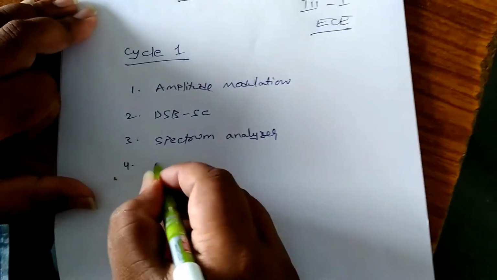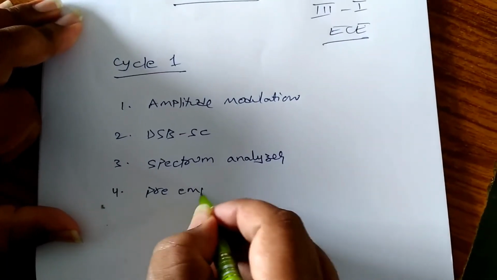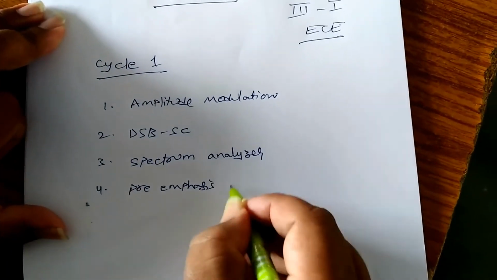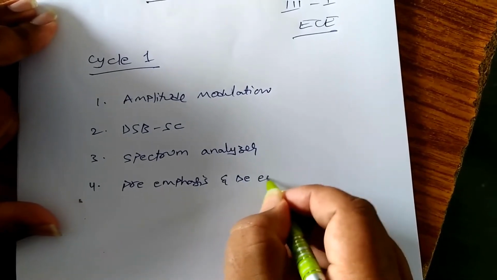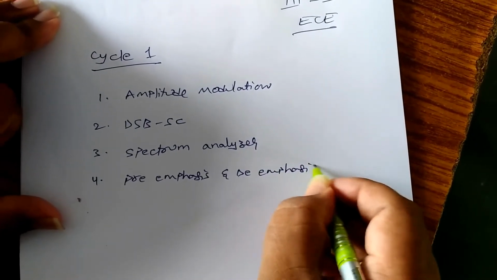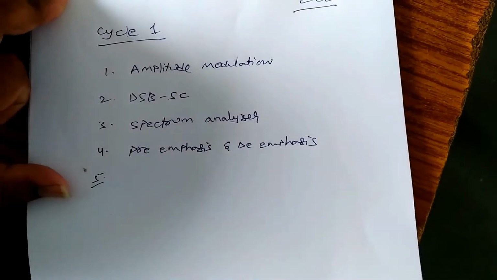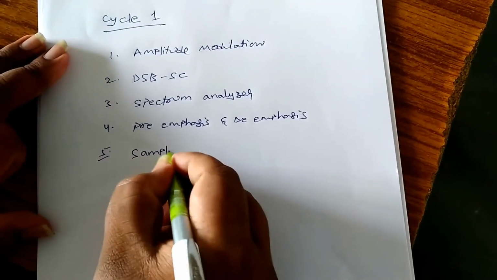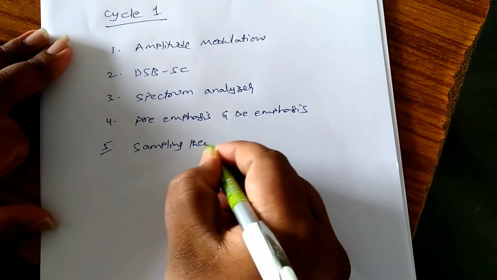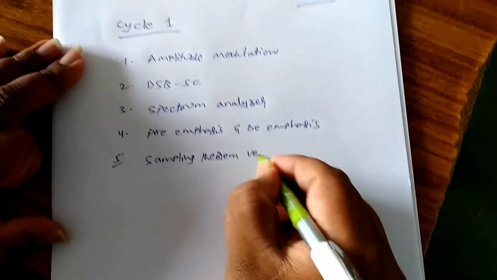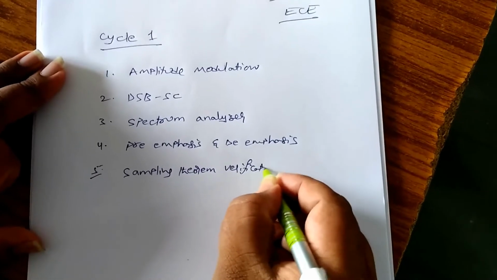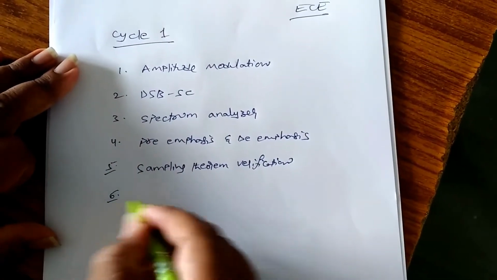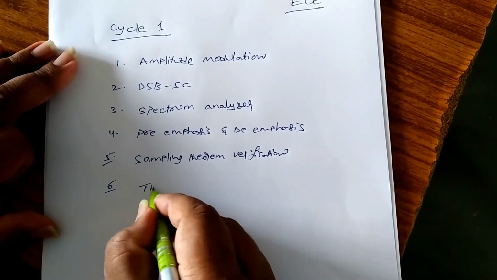And the fourth one is pre-emphasis and de-emphasis. And fifth experiment is based on a sampling theorem verification. And sixth experiment is based on time division multiplexing.